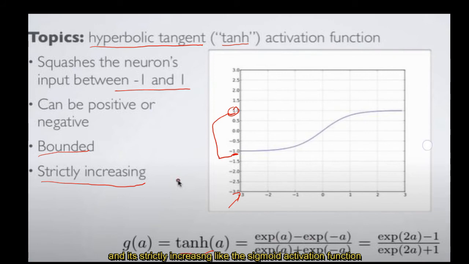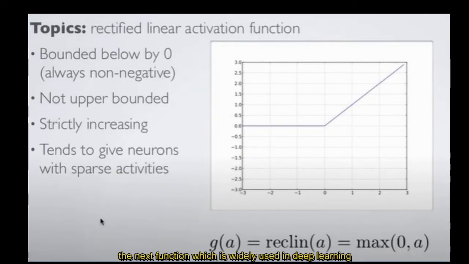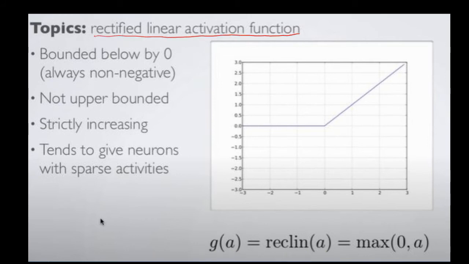The next function, which is widely used in deep learning, is known as the rectified linear activation function, or ReLU for short. It's simply the maximum between 0 and the input activation.